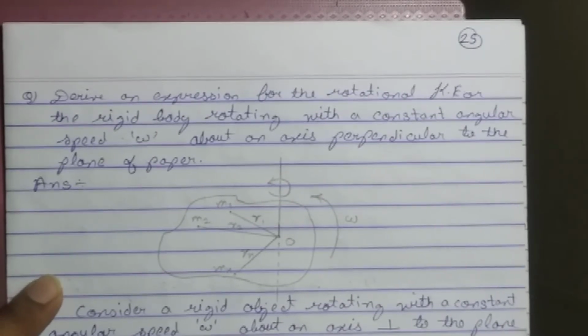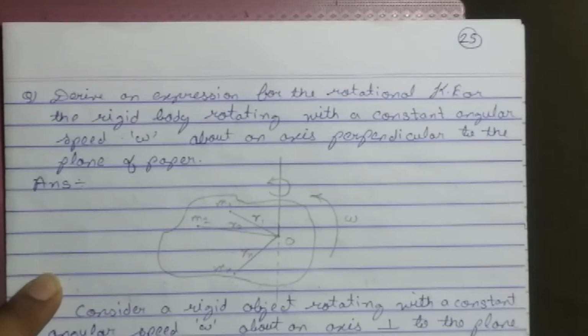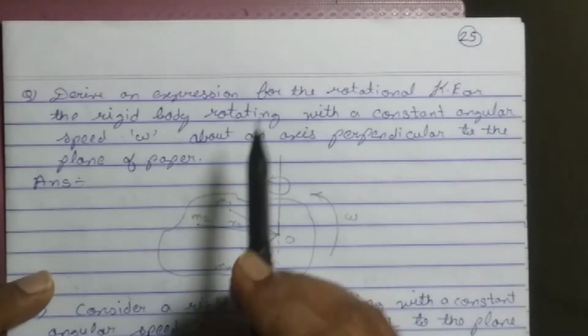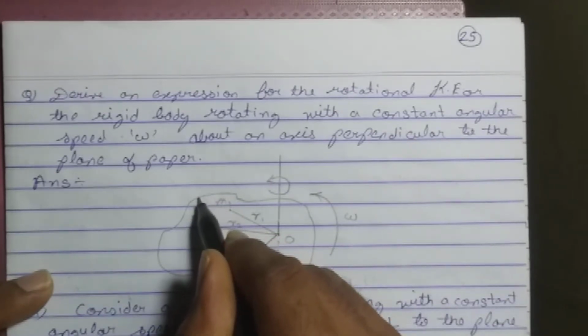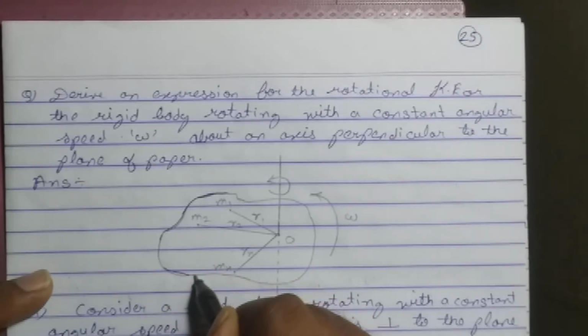Using moment of inertia, we can find rotational kinetic energy. Suppose I consider one rigid body, as you can observe over here.